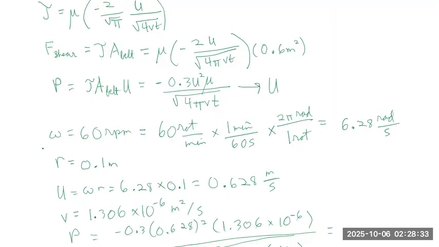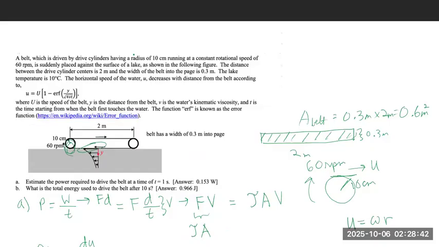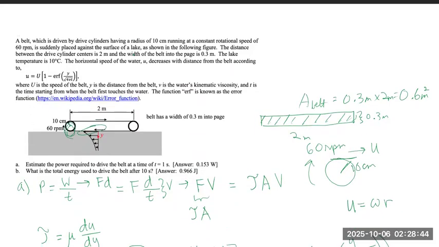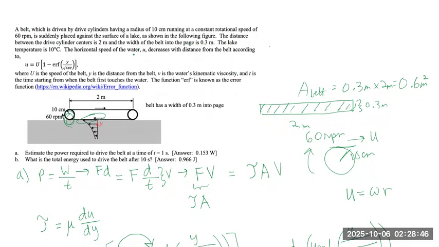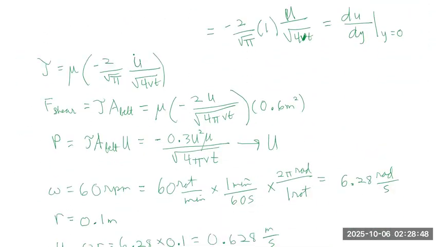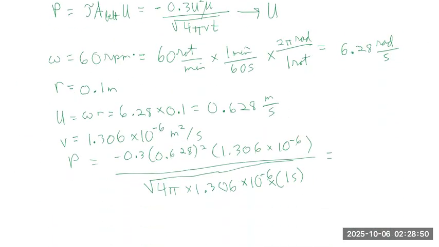However, over here we will actually need to find the... Do they give us the... they also don't give us the kinematic viscosity of water, so we're going to need that as well.